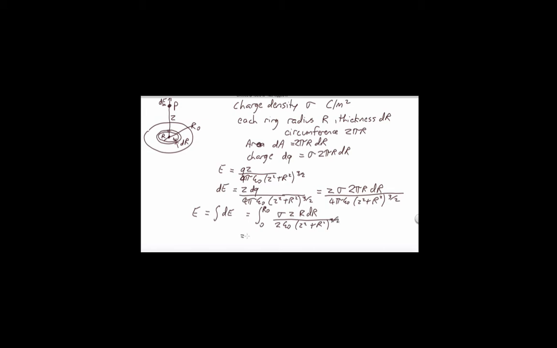And I'm going to take all the constant terms out the front, which is sigma, z, 2 epsilon naught, and then our integral of r over r squared plus z squared to the 3 over 2 dr. So I'll continue over the next page.